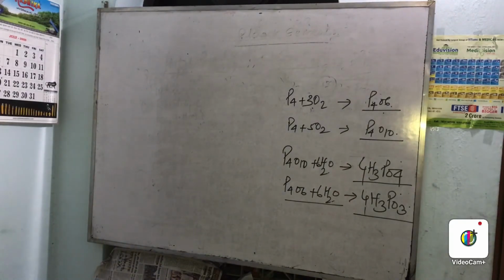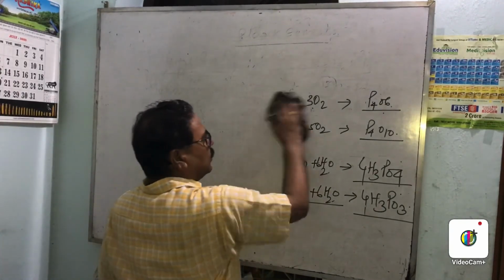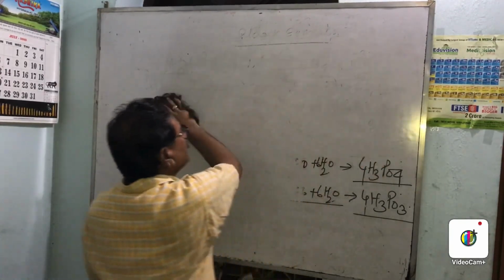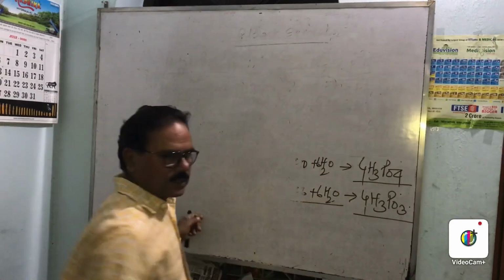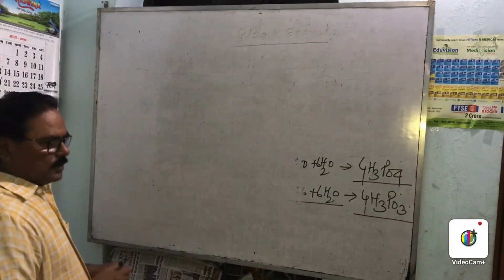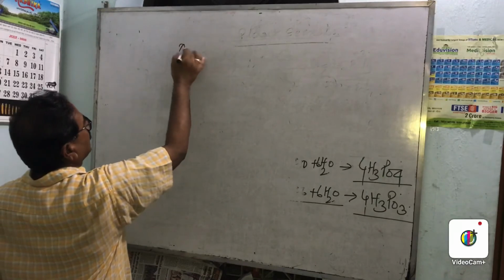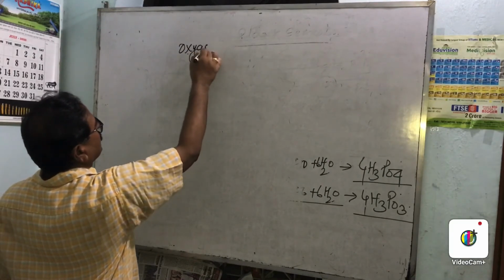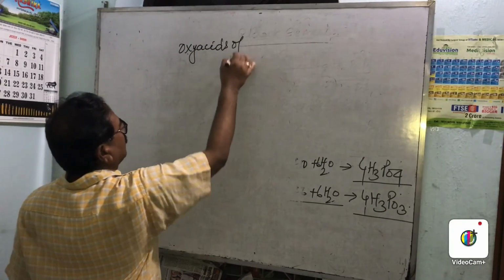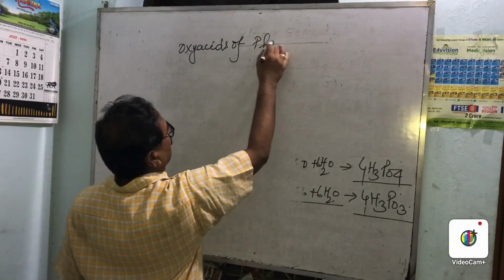Let us see the time. Now we come to the oxyacids of phosphorus. This is very important. Oxyacids of phosphorus.